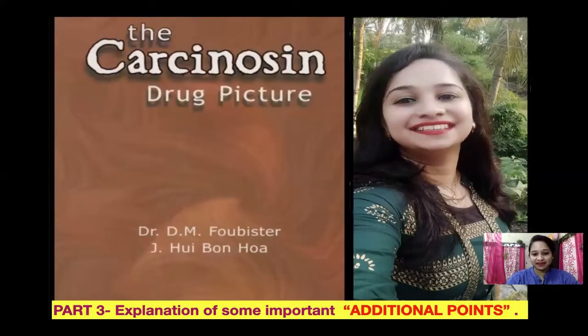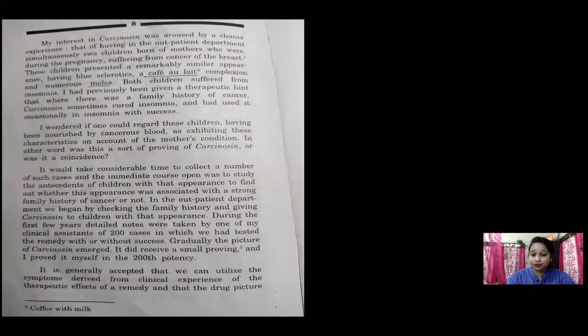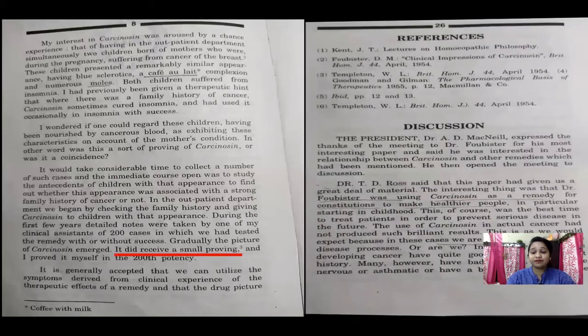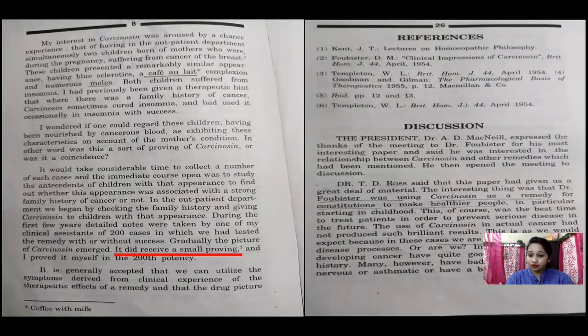So let's move to the explanation of some important additional points which are given repeatedly throughout the book. I am going to explain mainly three important words repeatedly used all over the book. Before going to the point descriptions, I'd like to mention the name of the prover whose additional proving symptoms gave immense value throughout the Carcinosin drug, that is Dr. W. Les Templeton, who along with Dr. Foubister proved the medicine.